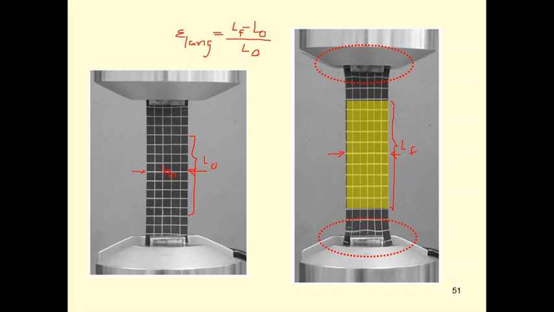You may get it to be B sub F. B sub F is always less than B sub O. You may get a lateral strain of B sub F minus B sub O, divided by B sub O. This is going to be negative. Then you may determine the Poisson ratio as the lateral strain divided by the longitudinal strain, for example of this rubber band. And you did this in your laboratory too.